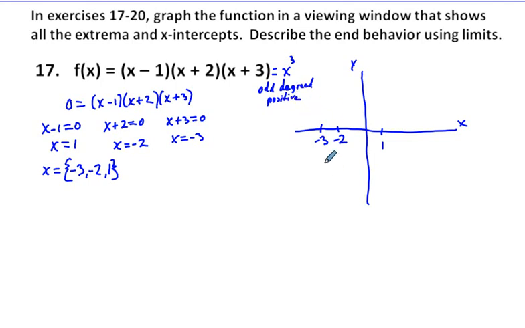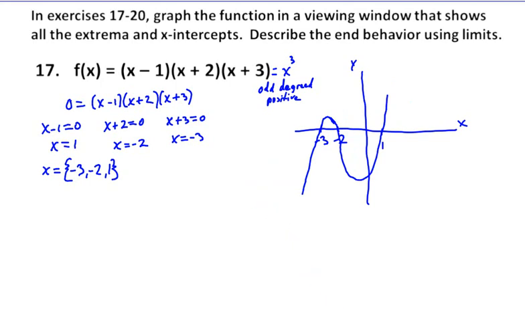Well, odd positive will start low and end high, so it would look something like this, starting low here from quadrant 3, and we touch negative 3 and cross and go up, and we come back down again at negative 2, we touch and cross. We go down here and we touch and cross at x equals 1. So that's what it's going to look like.